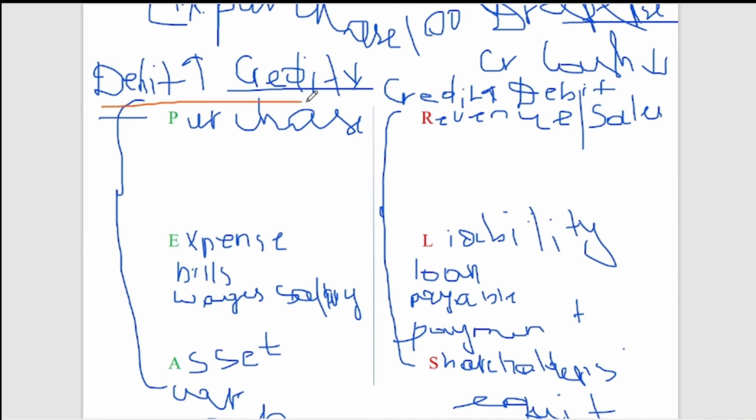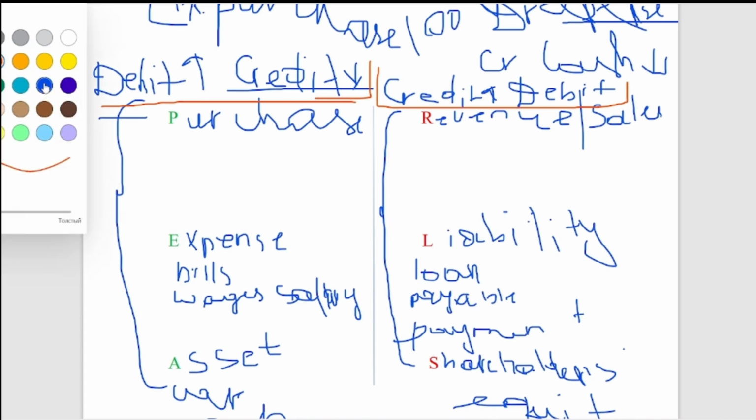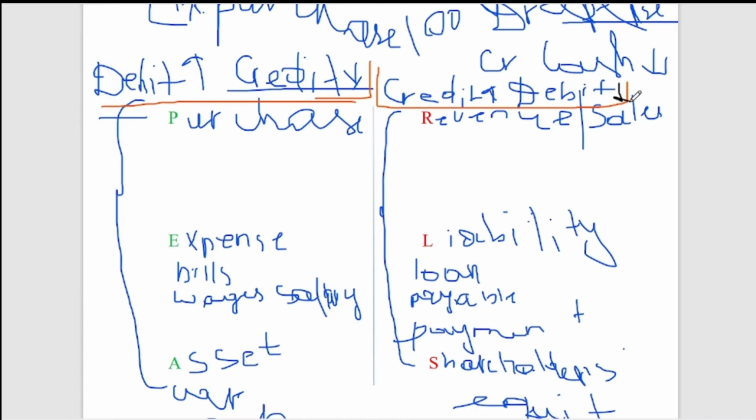This is the main thing that you have to learn and remember. In credit it increases, in debit it decreases.